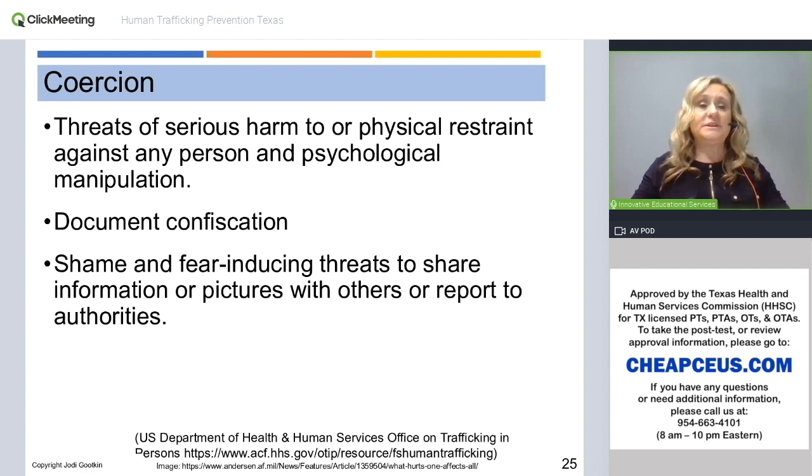Coercion is a little bit different. This specifically is involving threats of harm to another individual or to that individual. It is psychological manipulation.